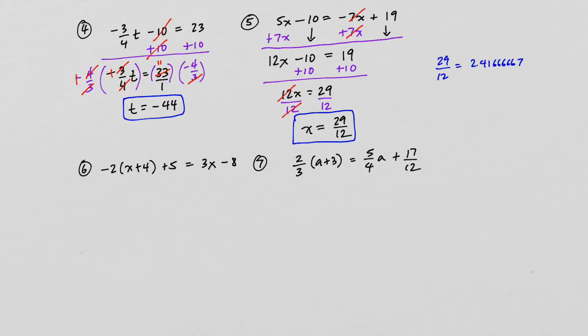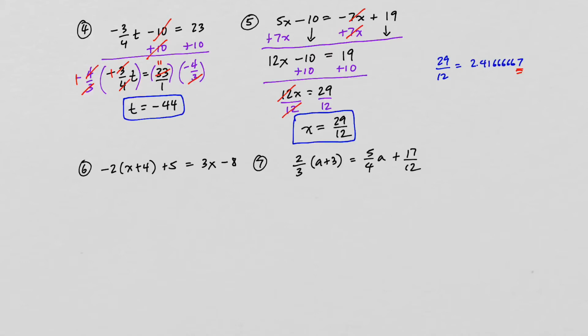It's actually 2.4166666 with sixes forever. So this is why we don't like to give a decimal answer unless we're specifically asked to do so. Because anytime you give a decimal answer, you run the risk of approximating that answer. And if what they want is an exact answer, then 29 over 12 is the way to write it.